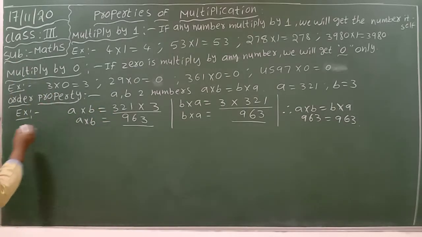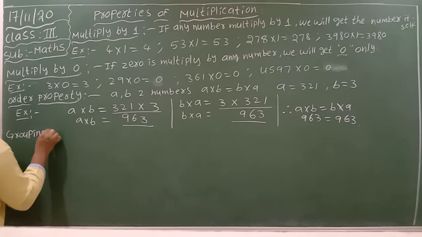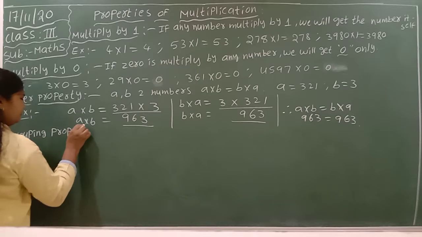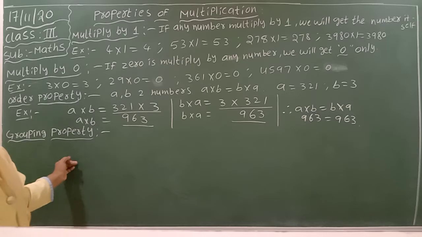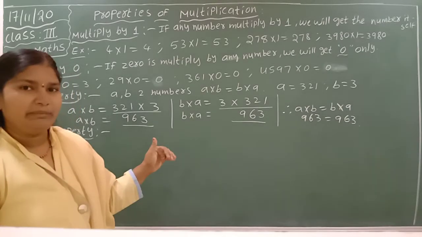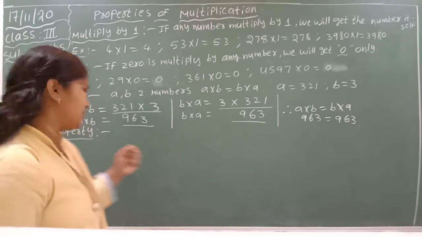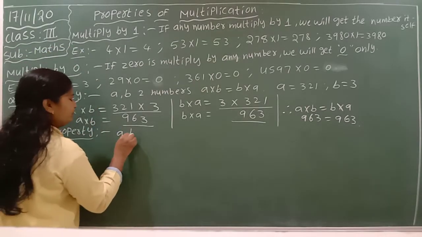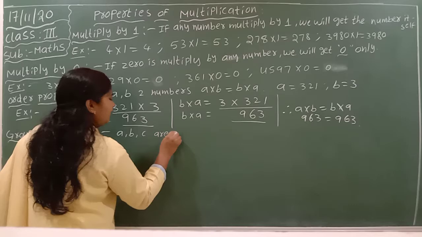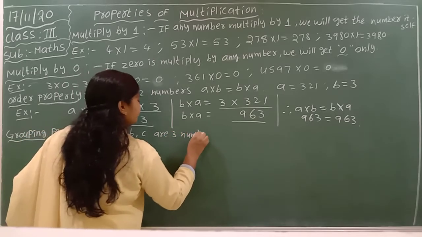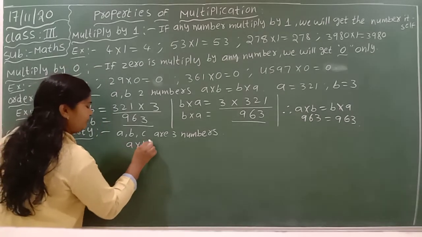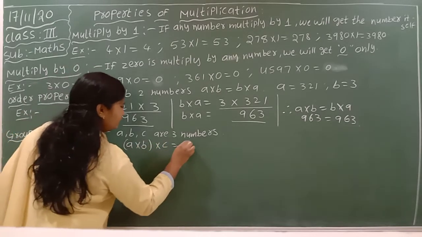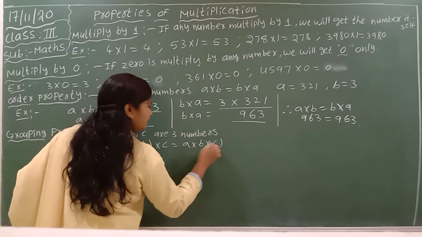Next, same like this, one more property is there, that is grouping property. Grouping property means you have to take three numbers, that is a, b, c. (a into b) into c is equal to a into (b into c).